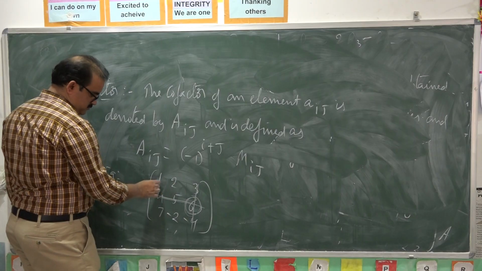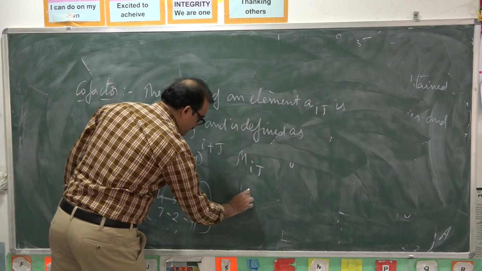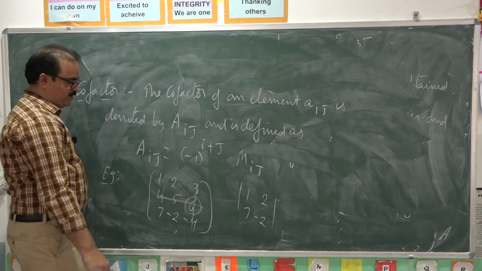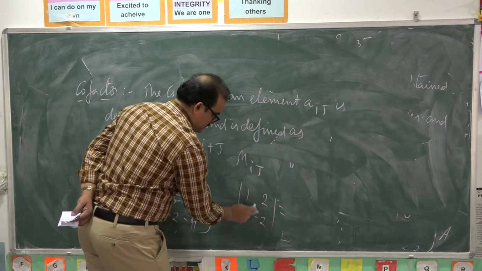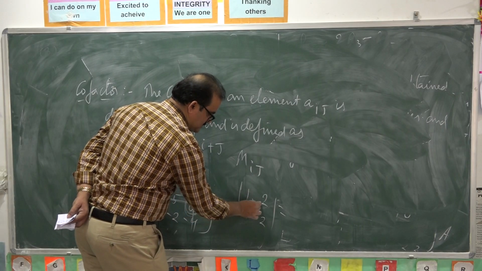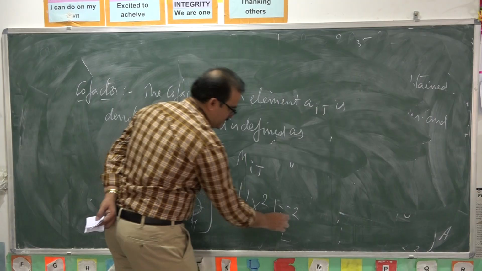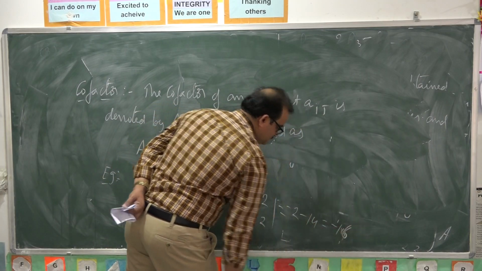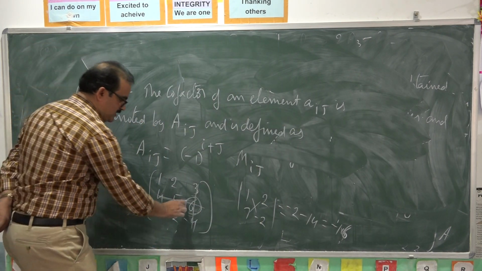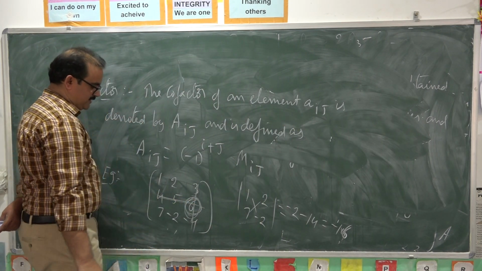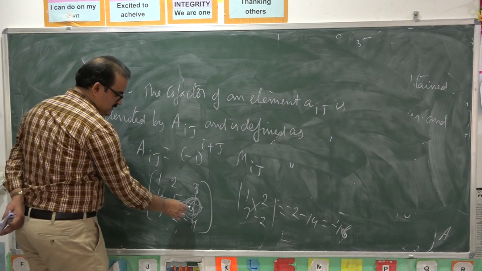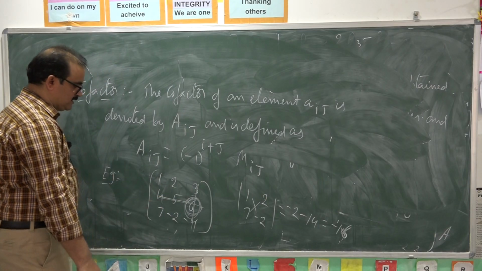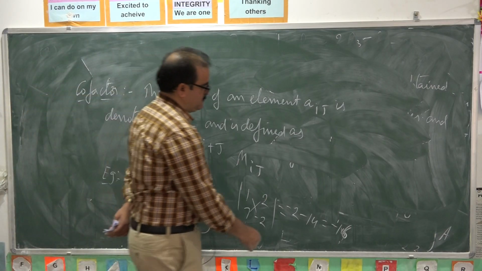Now what is that 2 by 2 matrix? 1, 2, 7, minus 2. Take the determinant of that remaining 2 by 2 matrix. This is 1 into minus 2, minus of 7 into 2, minus 2 minus 14. This is minus 16. This is the minor of the element 6 in that matrix. If you multiply the minor with minus 1 to the power of row plus column, then you get the cofactor of that element 6.